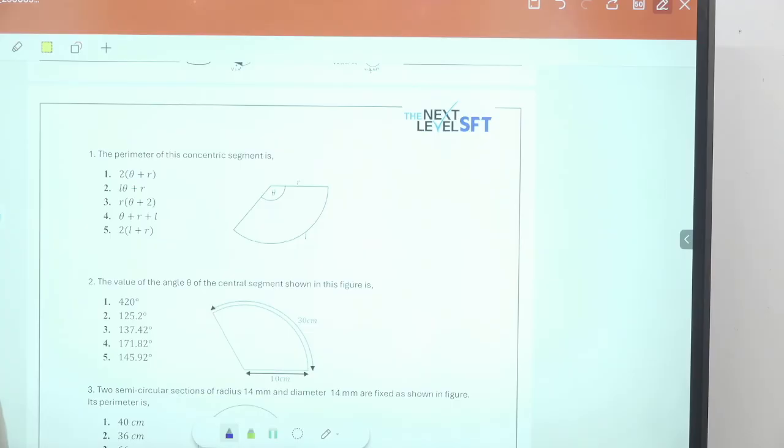S equals R theta, so it's not L theta, then it's R theta. Yeah, R theta is equal to L, so instead of L you can apply R theta.